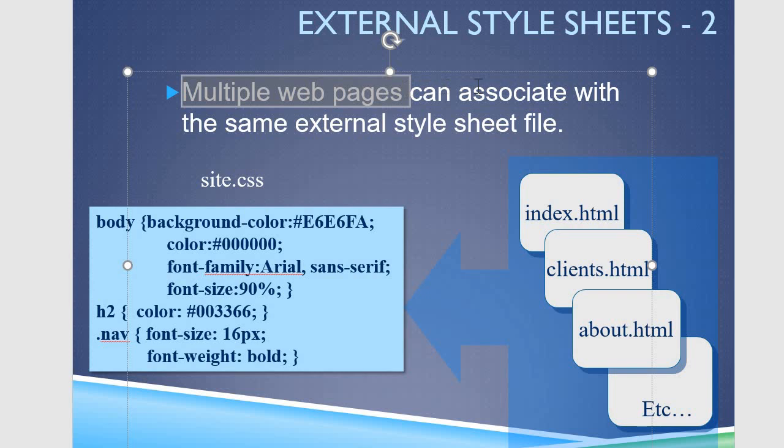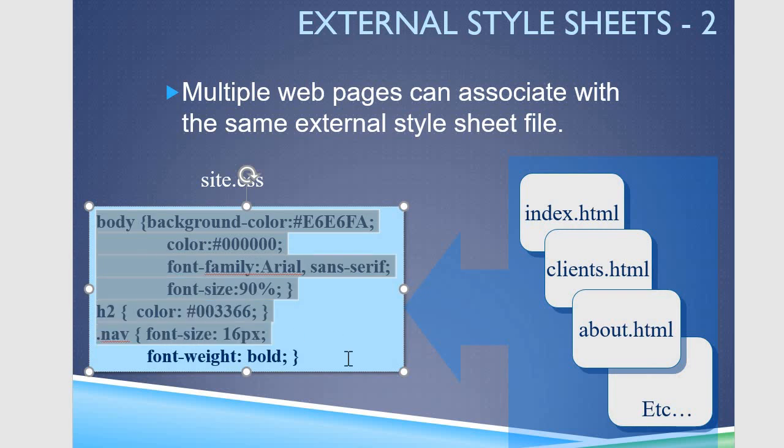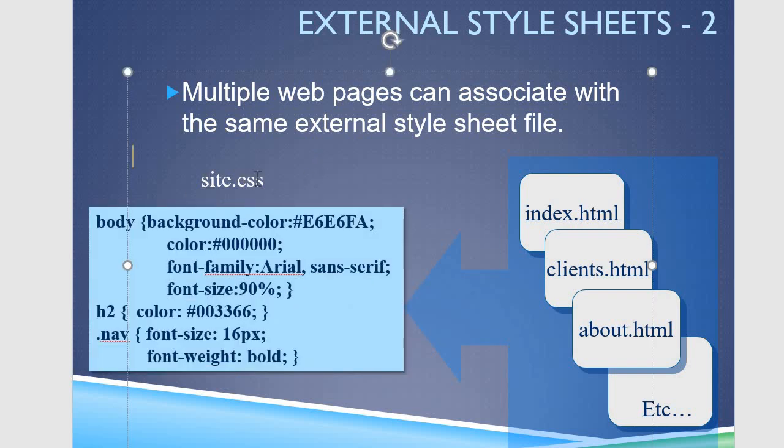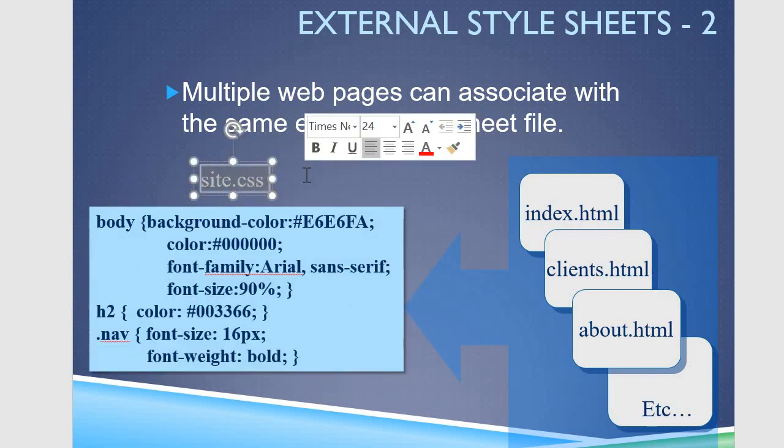Then multiple web pages can associate with the same external style sheet. See, this is one external style sheet written in a separate text file with the file name site.css. Maybe in Notepad or any HTML text editor, we will write it separately.